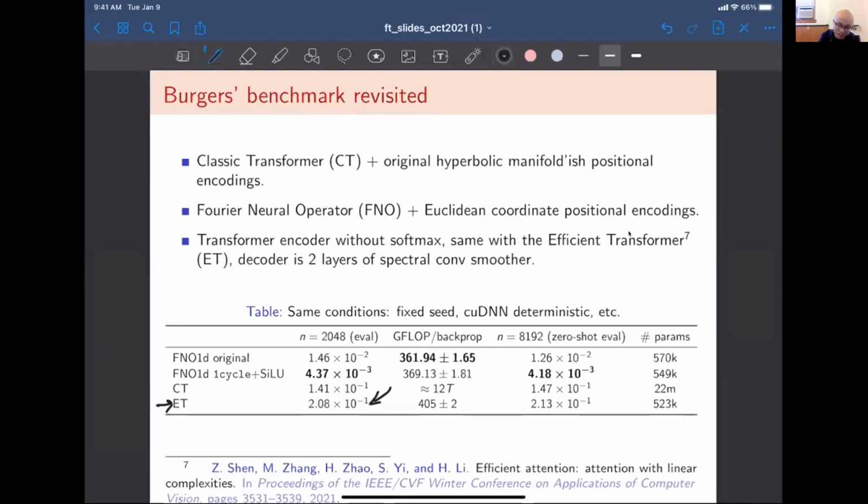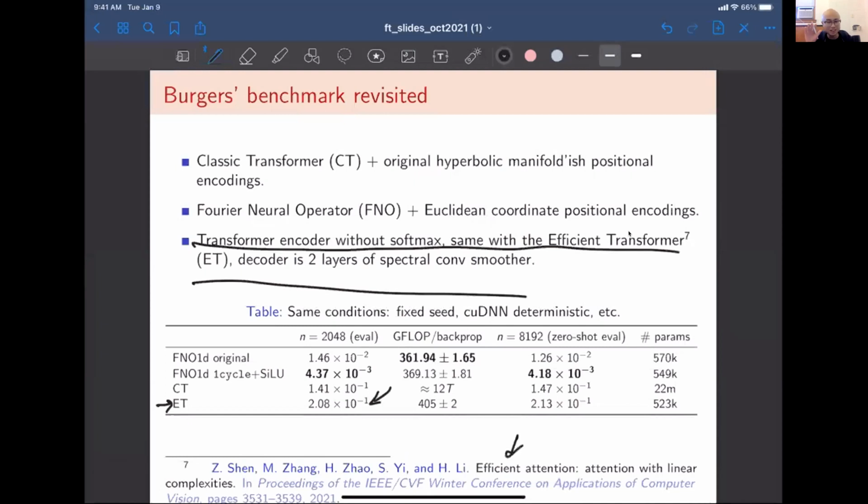It turns out someone had already discovered removing the softmax, but in their paper they didn't report the numerics, because it doesn't work. Removing the softmax hugely degrades the numerical stability, and it doesn't work.